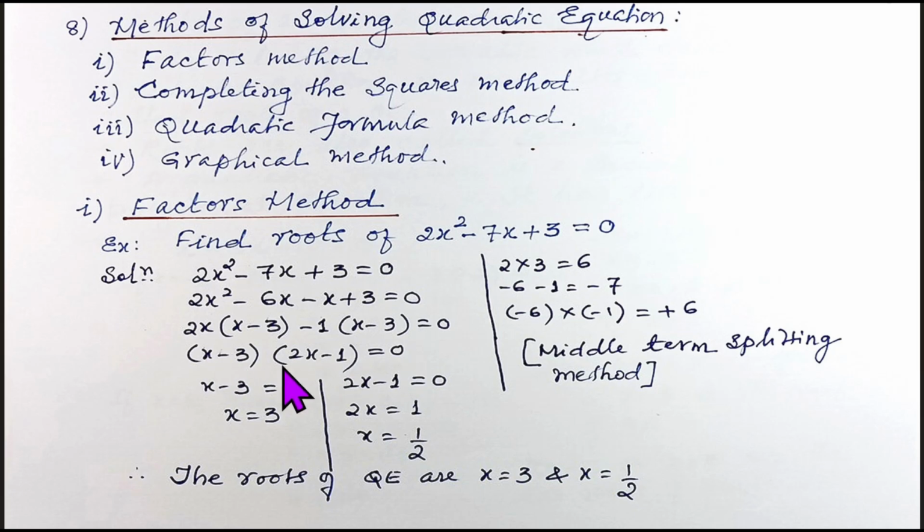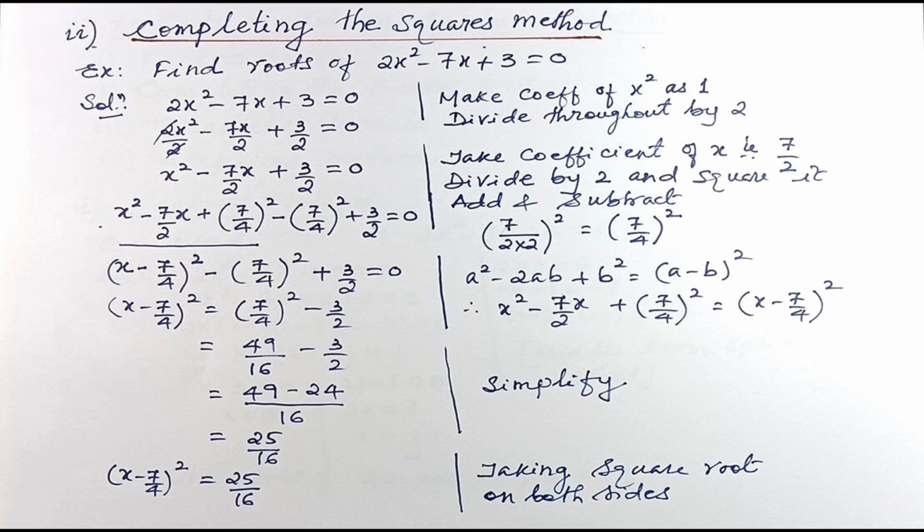That means if LHS has to be 0, x minus 3 must be 0, or 2x minus 1 equal to 0, so x is equal to 3 here, and 2x is equal to 1 or x is equal to half. Therefore the roots of the given equation 2x square minus 7x plus 3 are x equal to 3 and x equal to half. So that is the factors method of finding out the roots of the given quadratic equation. Remember that.